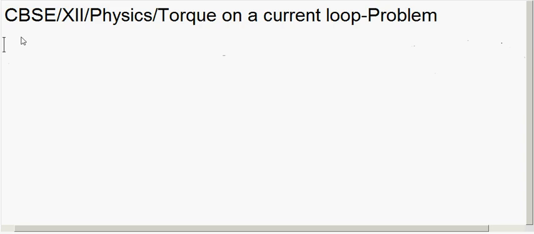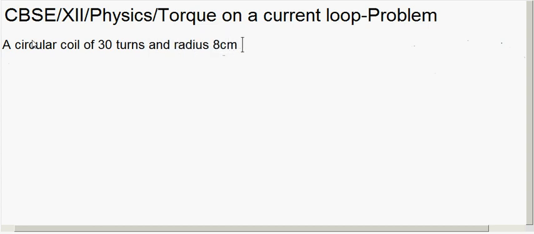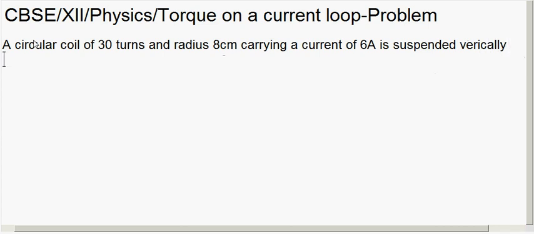A circular coil of 30 turns and radius 8 centimeter, carrying a current of 6 ampere, is suspended vertically in a uniform horizontal magnetic field of magnitude 1 Tesla.